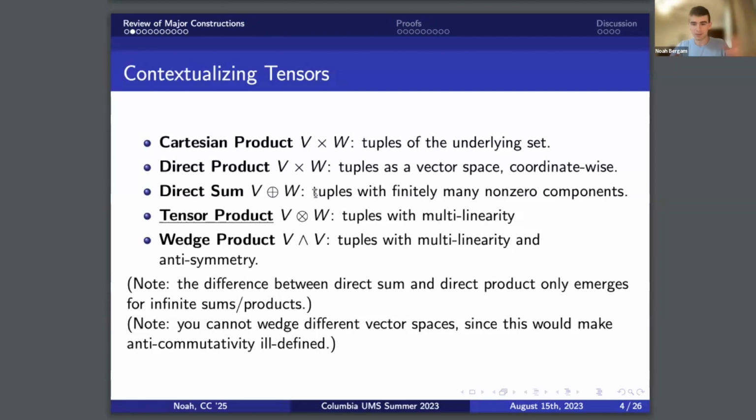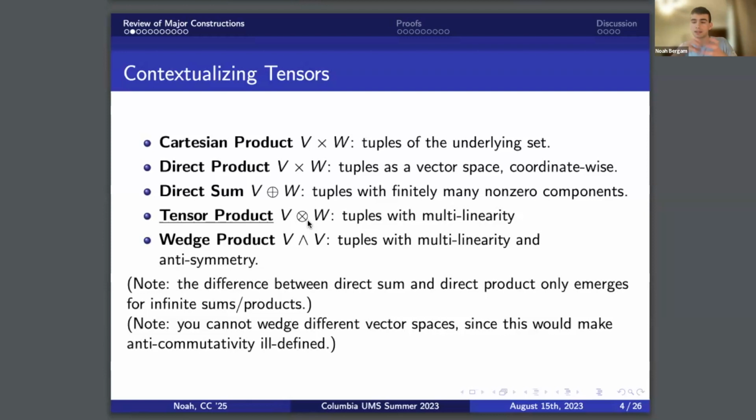And then tensor products are tuples with that multilinearity property. And because of having multilinearity, it actually makes it a higher dimensional space. So the constraint that arises there makes it so that the dimension of V tensor W is the dimension of V times the dimension of W. And then you have the wedge product, which, it's good to realize, is going to be important for our discussion here.